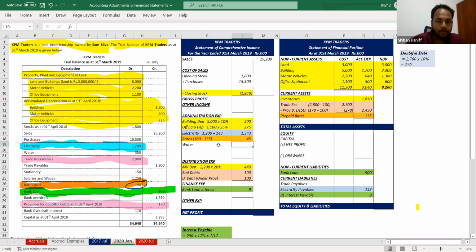Water 350, trade payables 1900, stationery 150, salaries and wages 1250. Bank overdraft is a current liability.